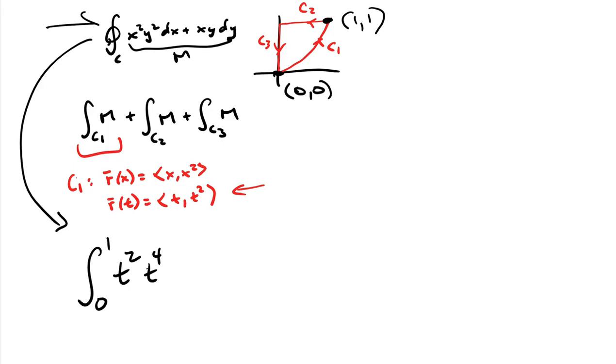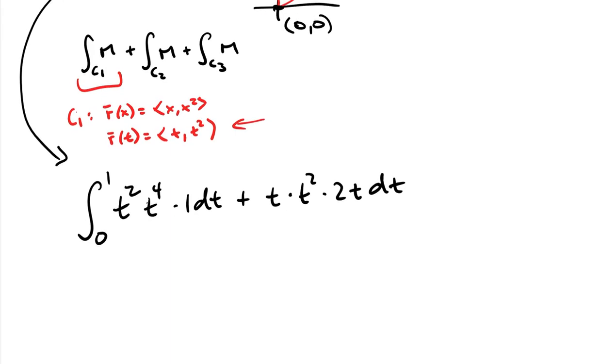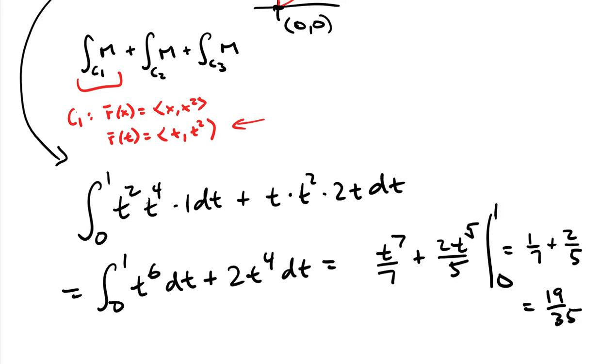And then dx will be 1 dt, plus xy will be t times t squared, and then dy will be 2t dt. All right, and so when we calculate this out, I'm going to pause the video and calculate. All right, so I worked it out. You may want to pause the video and see what the work was there.